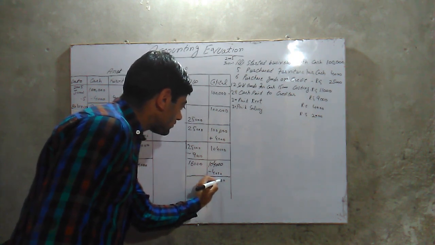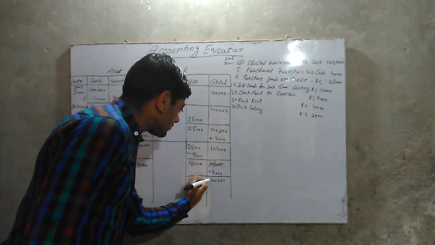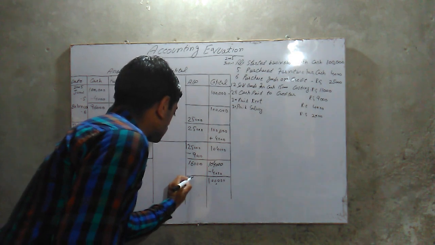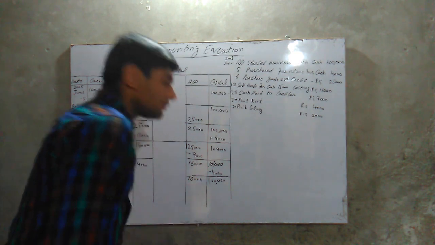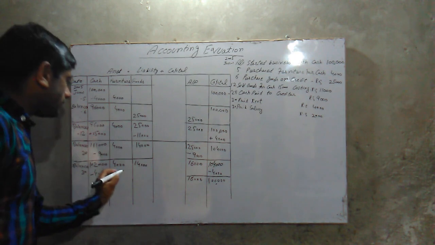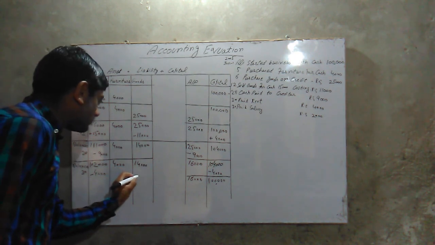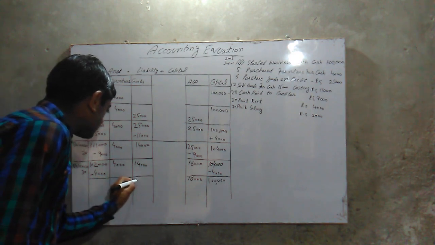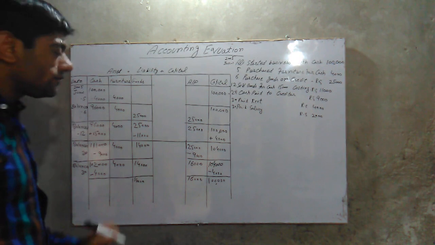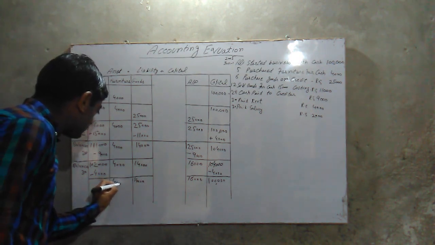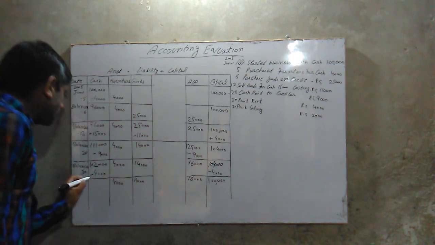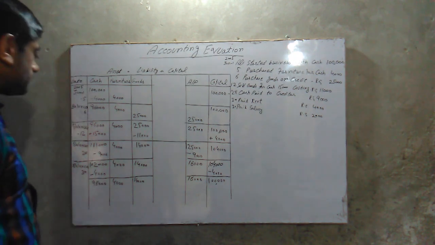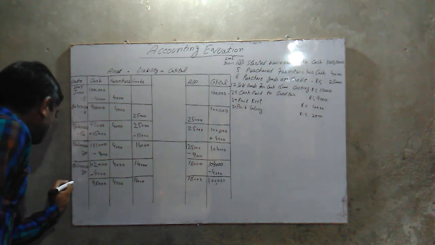So 1 lakh, 15,000, 14,000, 4,000 and 98,000. That is our balance.